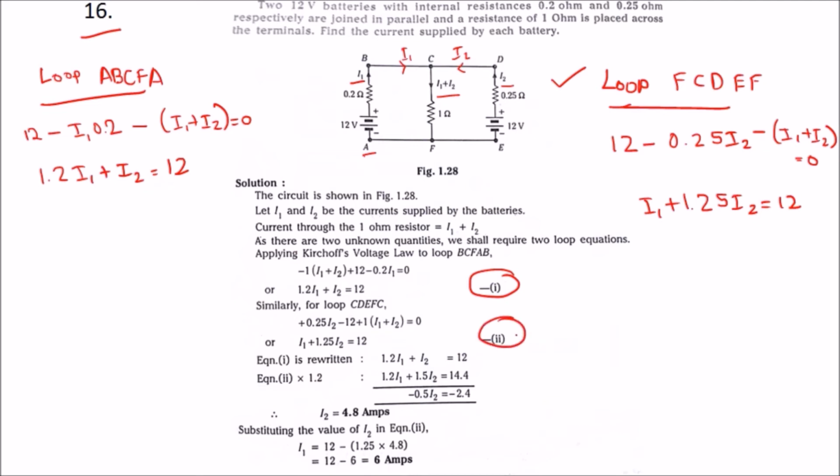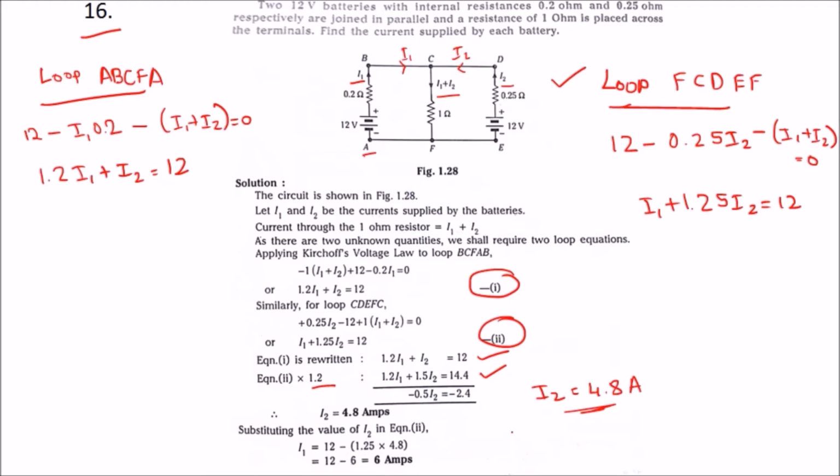Using equation 1 and equation 2, we can substitute like this. We will multiply equation 2 by 1.2. We will get this equation, and simplifying this, we get I2 as 4.8 amps. Using this I2, we can find out I1.